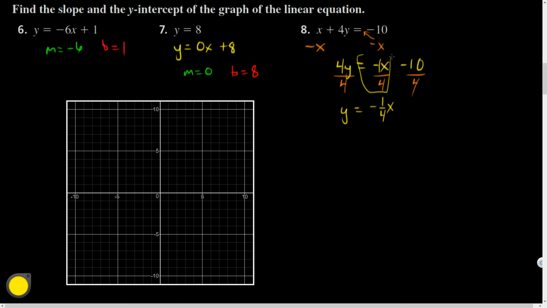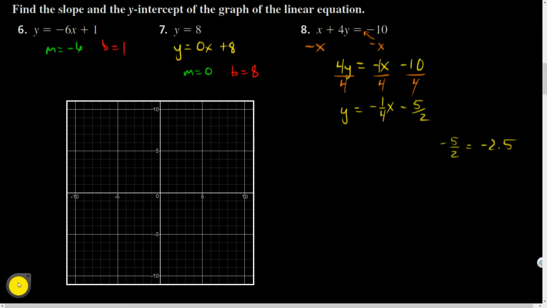If I didn't do that, it's kind of weird. I wouldn't really know what the slope thing was going on there. And then negative 10/4, that's the same as negative 5/2, or, side note, negative 2.5. This one's annoying to graph because of the decimals on it.